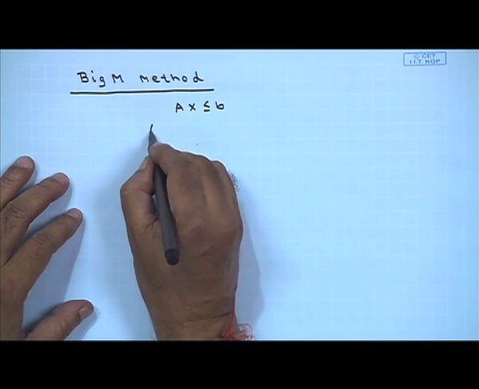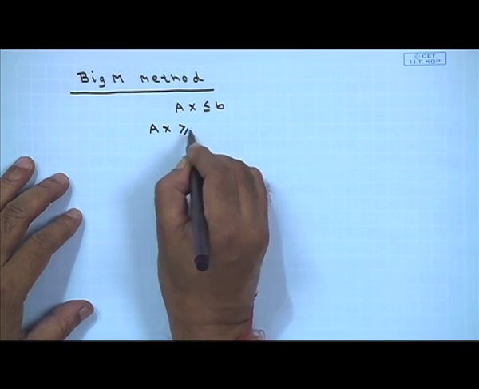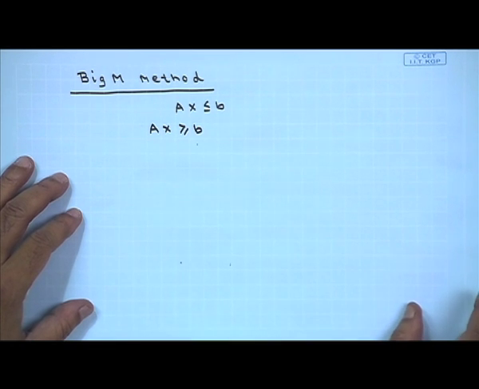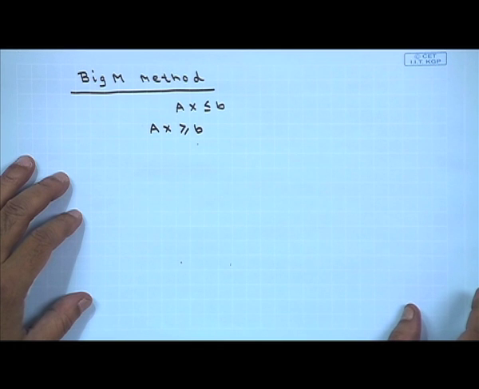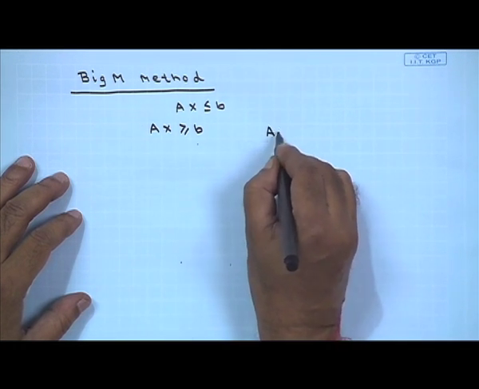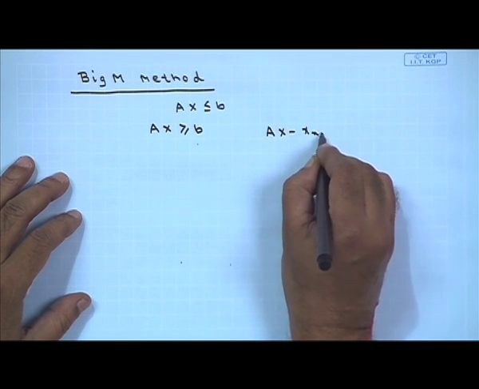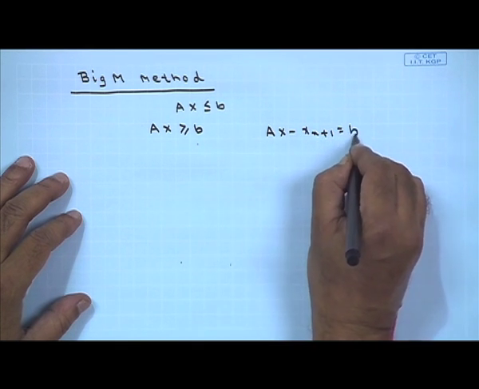That means, if the constraint is a x greater than equals b, then what will happen? Earlier, we told that whenever you have a x greater than equals b, to make it equality type, we subtract the surplus variable, that is a x minus x n plus 1 equals b.